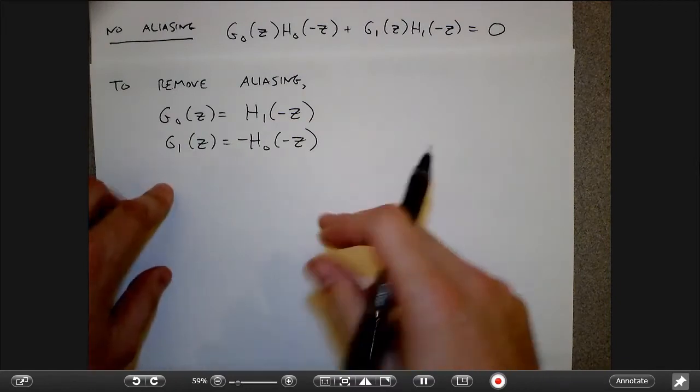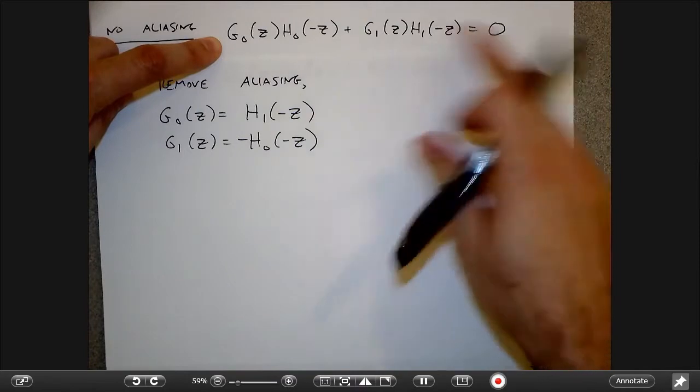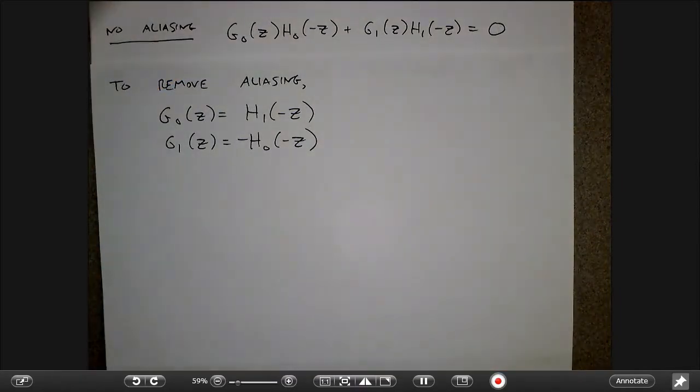And I'm going to choose G1 of z to be equal to minus H0 of minus z. That means that this is going to turn into G0, G1 minus G0, G1, right? So this is basically saying that no matter what I chose as the H's, if I choose the G's in a certain way, then I can remove all the aliasing, right? That means I have removed half of the filters I have to design.